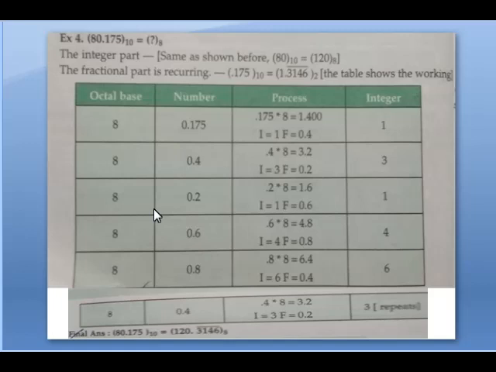So practice the numbers. Write your own numbers and convert them from one base to another and practice thoroughly, because it is a new chapter for you, the number conversion. So students, here we are going to stop the number system. In the coming classes we will see the remaining parts.